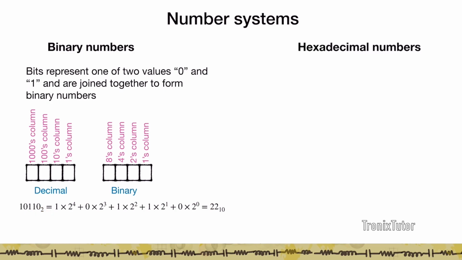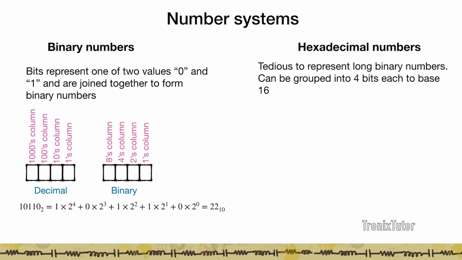Now binary numbers, because the place value is so much smaller, tend to be very tedious if you have to write long binary numbers. So in that case, we group 4 bits into one and write them as hexadecimal numbers, which are numbers written to the base 16. For example, 2E to the base 16: you can write E into its 4 bits and 2 into its 4 bits, giving you the number 1110 and 0010.